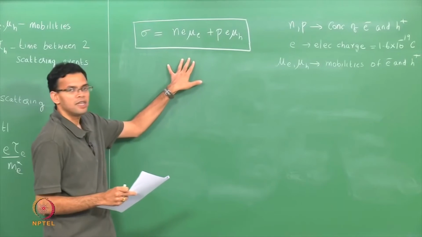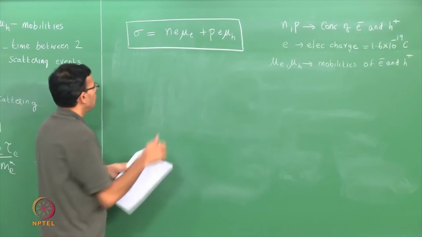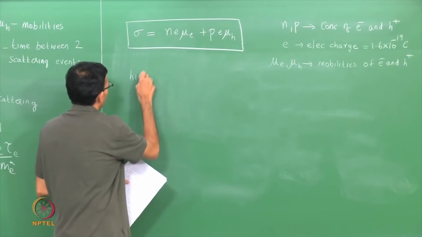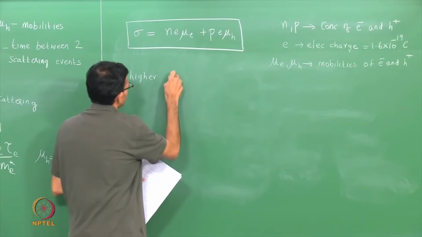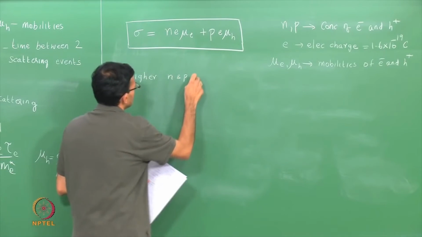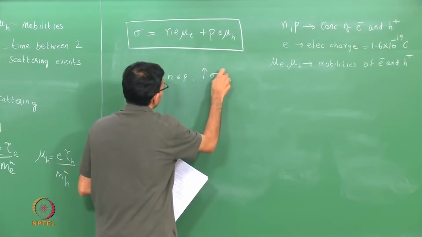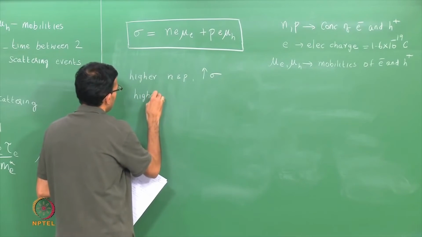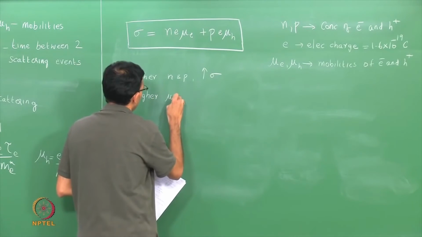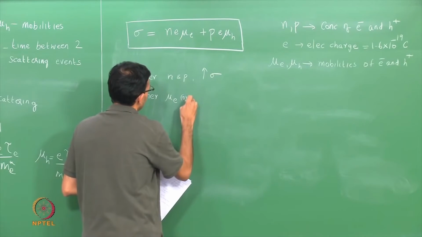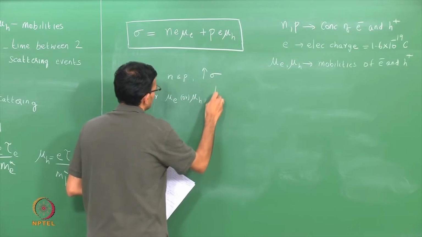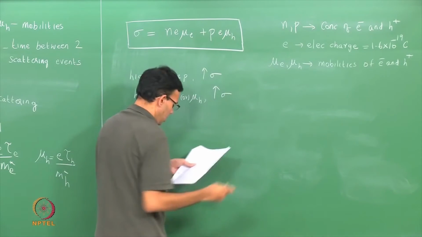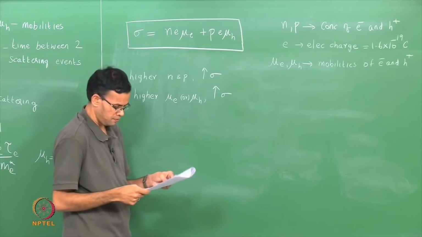If you look at this expression, the higher the concentration, so higher N and P, the conductivity is higher. Similarly, higher mu e or mu h, the conductivity is higher.